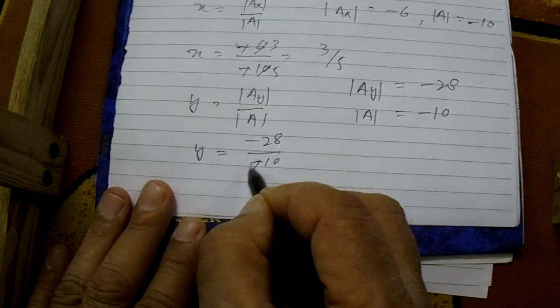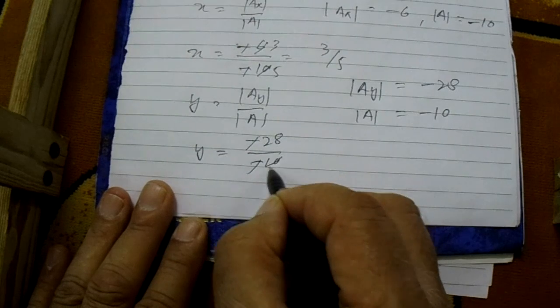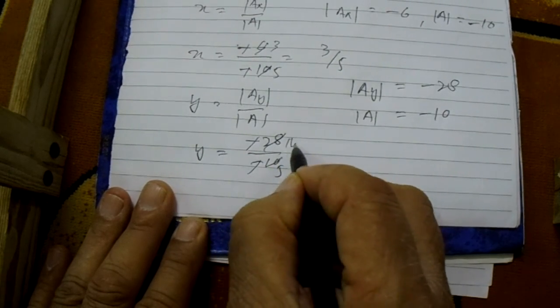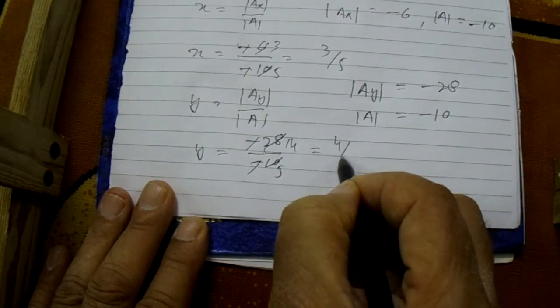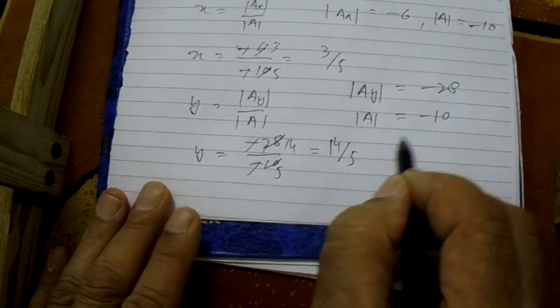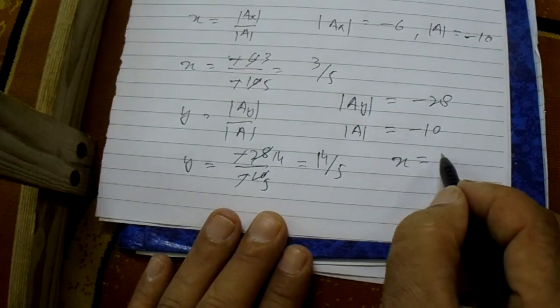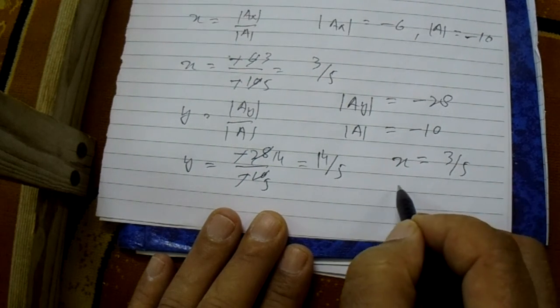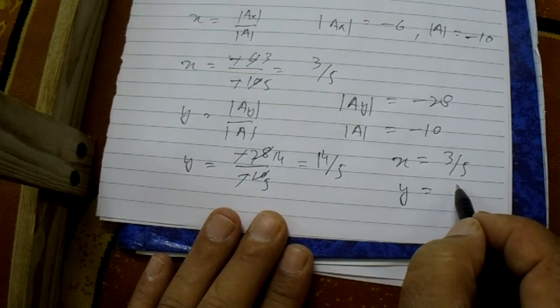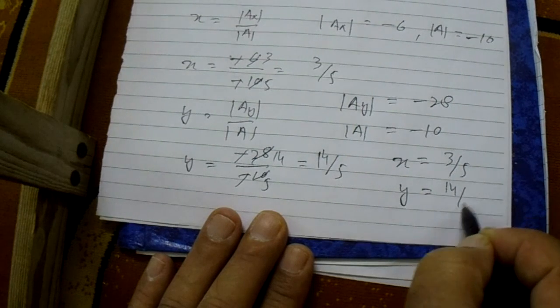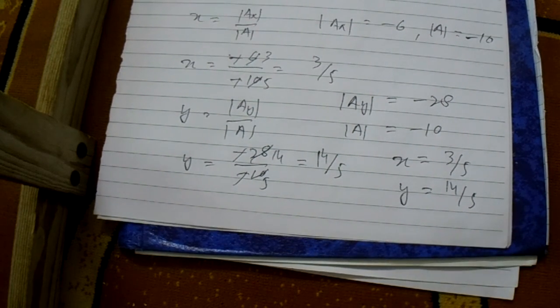Now this minus will cancel this minus, and 2 5s, 2 14s. Now the answer is 14 over 5. Now the value of X is 3 over 5, and Y is 14 over 5. This is the solution of the third part of this method.